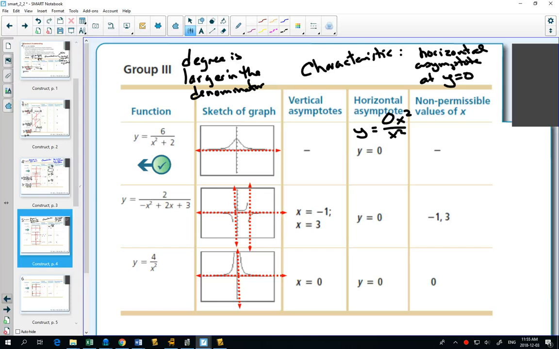So the second one, you could factor the bottom to be negative x minus 1 and x minus 3.